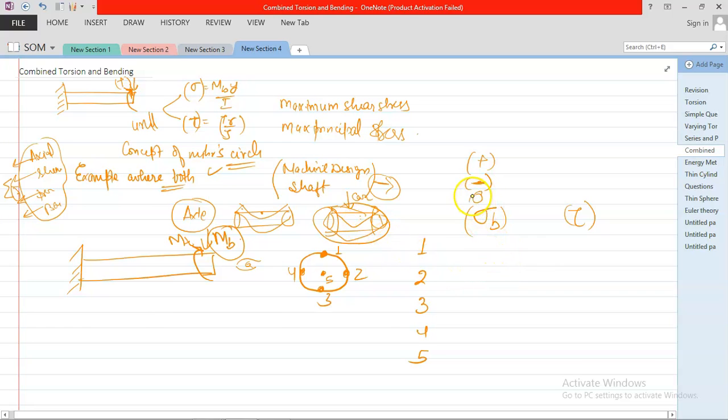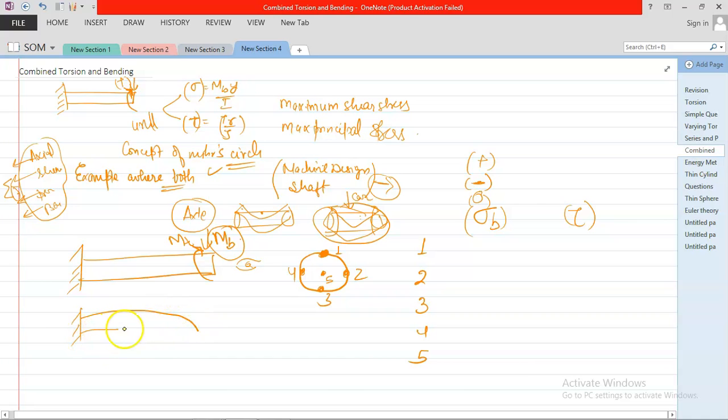Can anyone respond? What is the sign of the bending stress at point 1? Because it is a cantilever, it will bend like this.